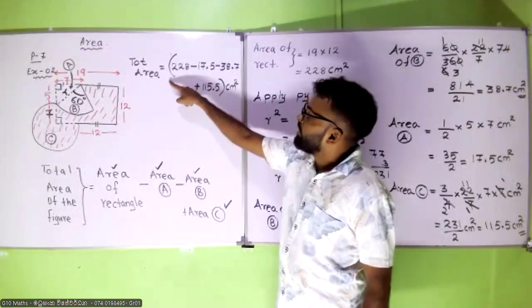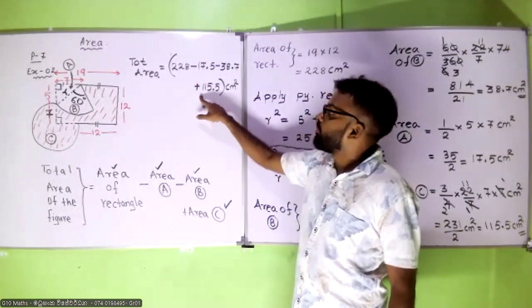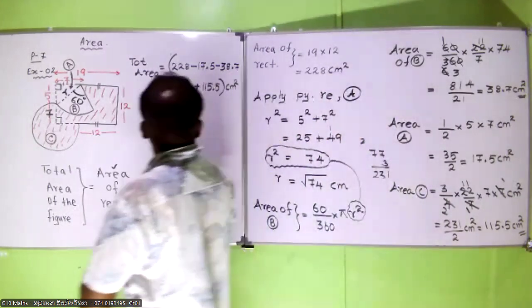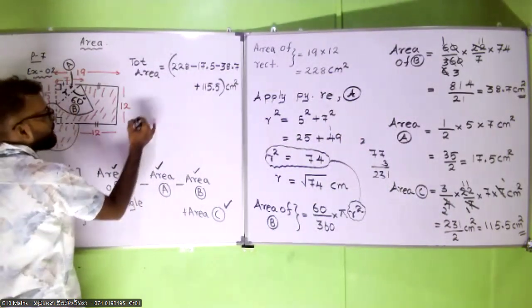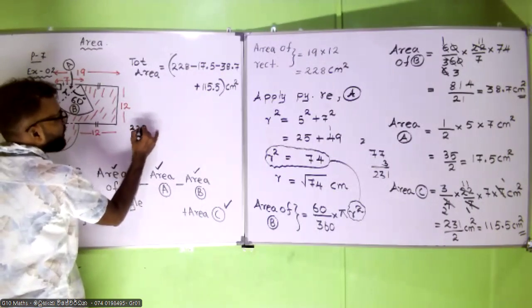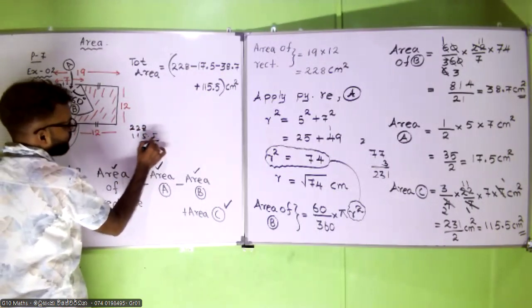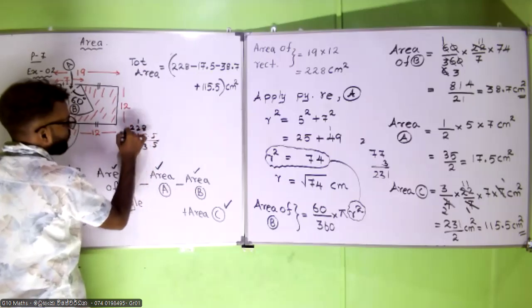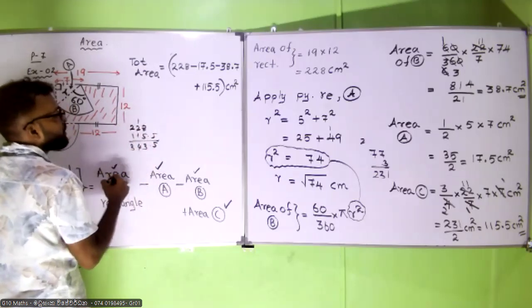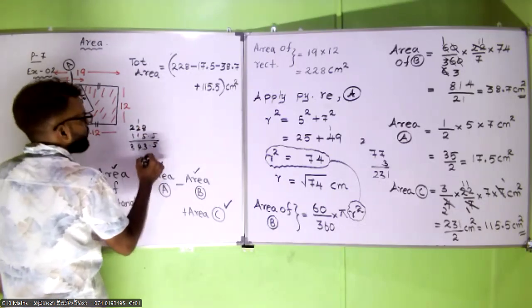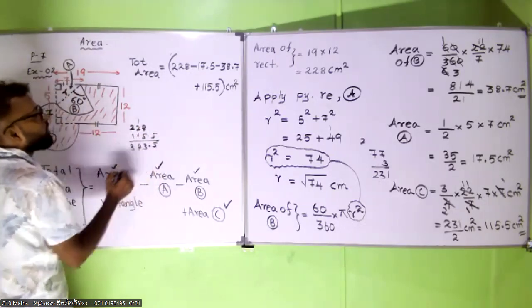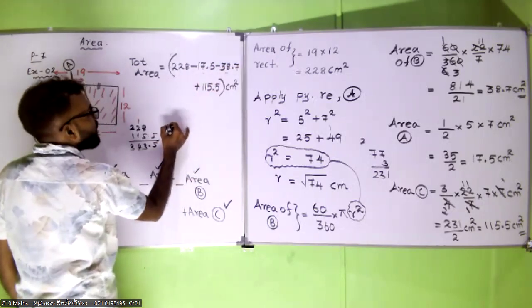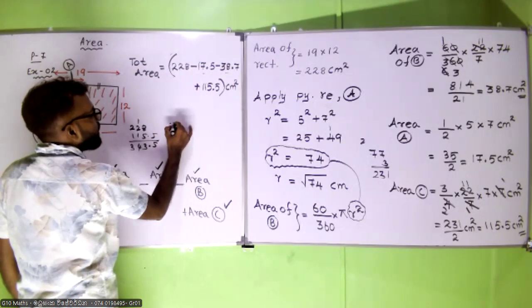I will simplify 228 plus 115.5 because they are positive numbers, so I can add them directly. 228 plus 115.5 is 343.5. Then the two negative numbers, I can add them, then finally I can subtract.